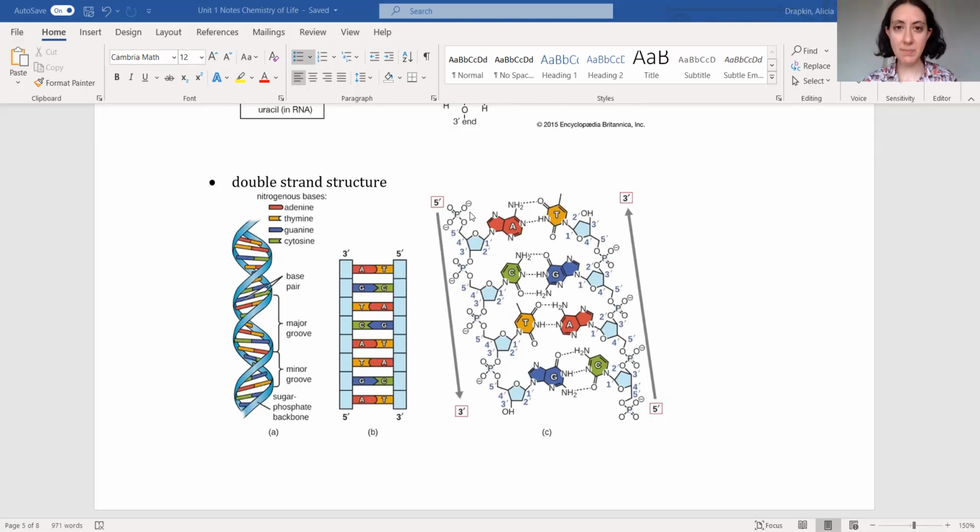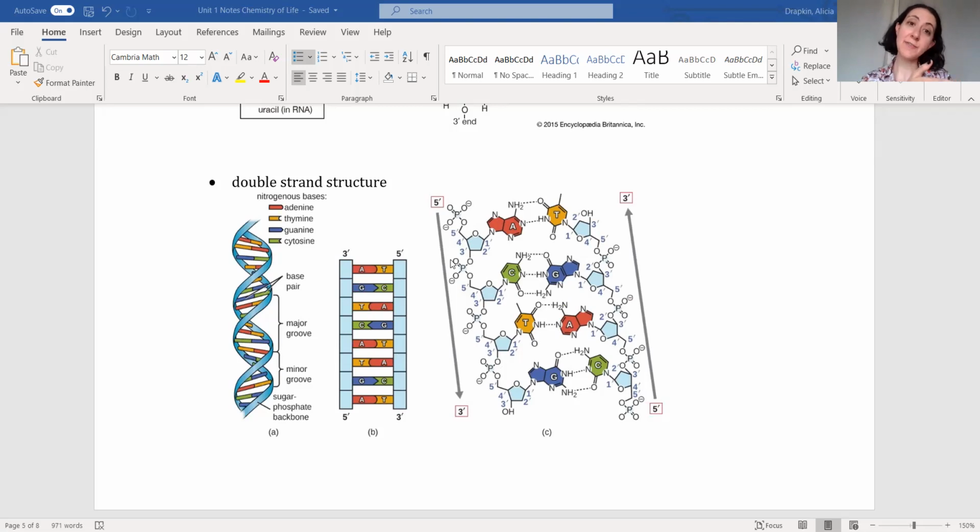The covalent bonds that connect the nucleotides are called phosphodiester bonds. I don't think it's going to come up, or phosphodiester linkages. Just in case that's important to you, that's what they're called. An ester is a type of bond. It's a bond with oxygen in the middle. Again, it's like organic chemistry terms here.